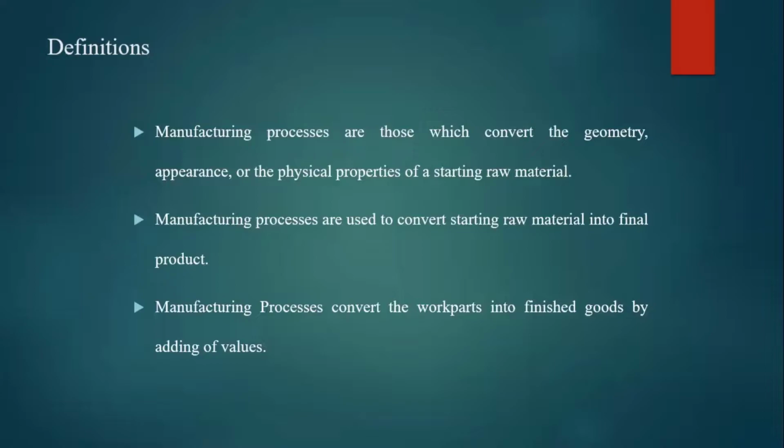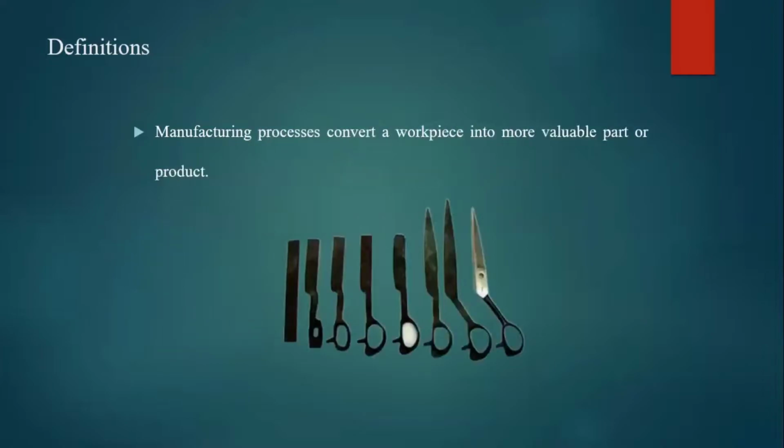So all these are the values which are adding to the workpiece, to the starting raw materials. And we are going to increase their values. So that's why the manufacturing processes convert the work parts into the final goods by the addition of values.